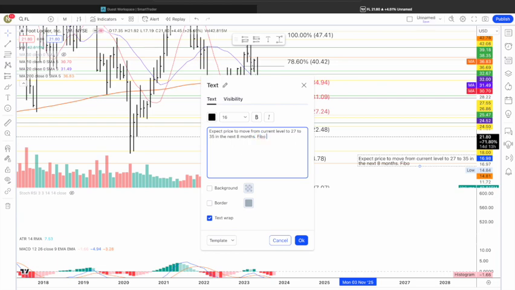Fibbo, which is what that Fibonacci area is called, is 27 to 35. ATR was 8.07.